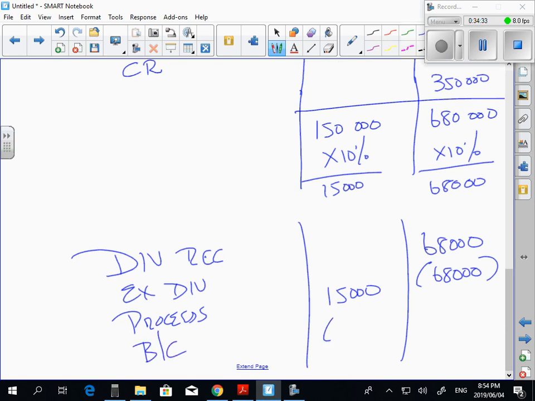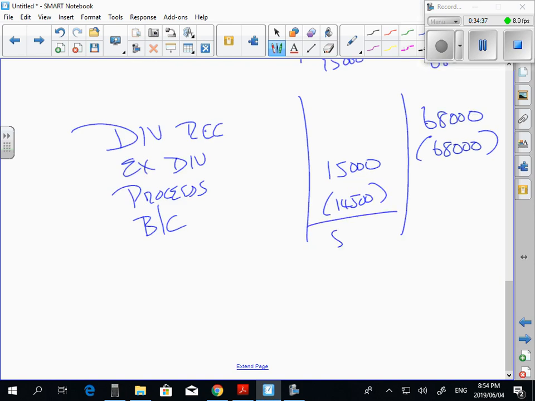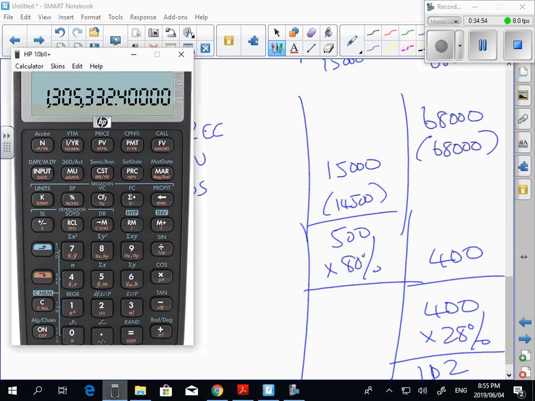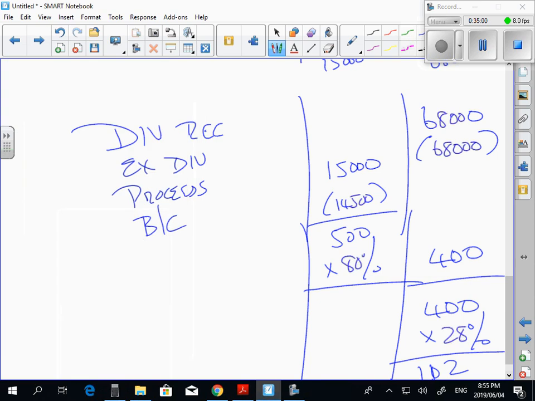Base cost, it said 14.5. Times 80% gives you 400. It's 112. Guys, comfortable? Is that all right?